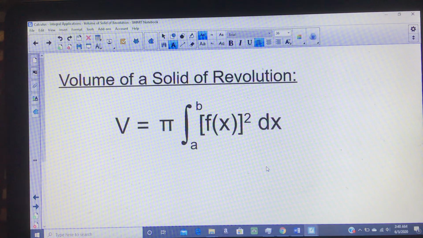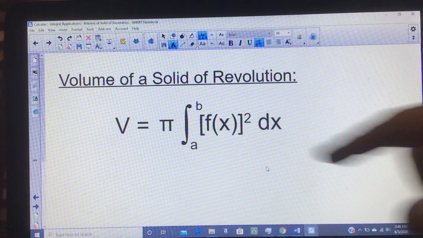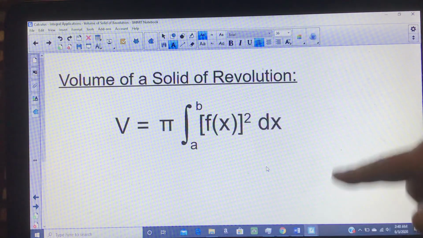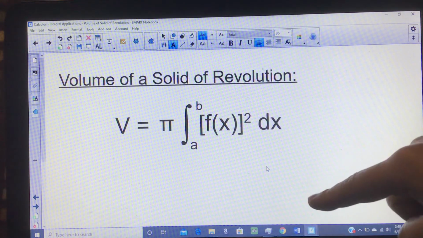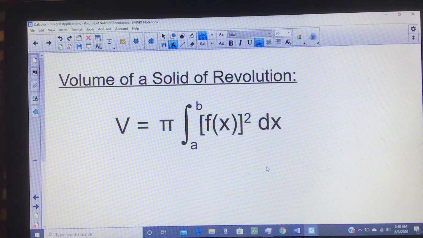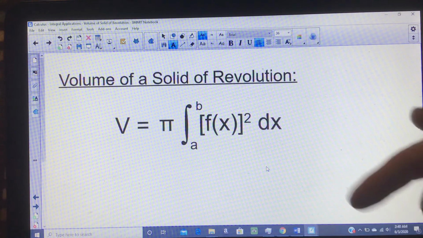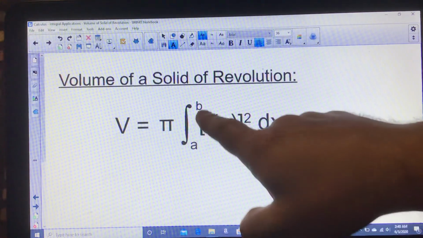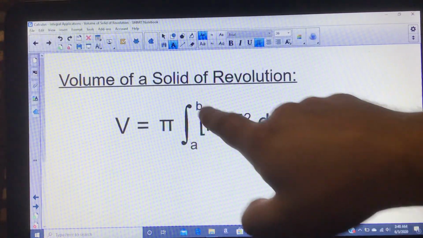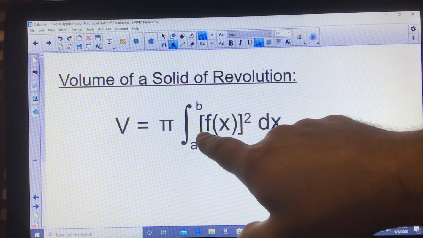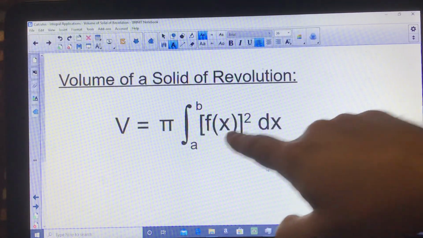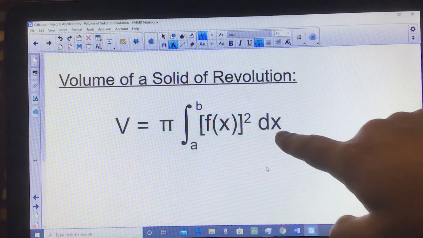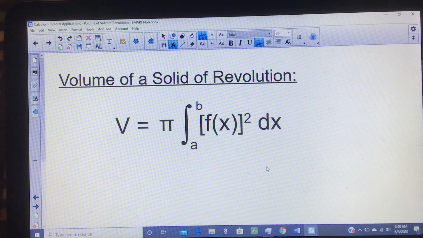So if you have some area, you have a function, if you can find its area between the curve and the x-axis, you can spin that around to form the volume by using this formula. The volume will be pi, the integral from the start to the end of whatever function squared, and then the little dx, all right?